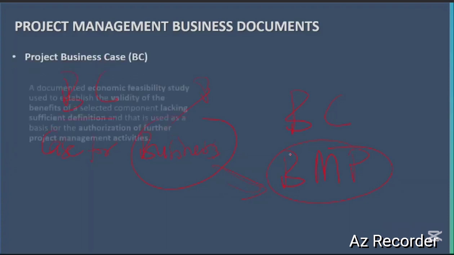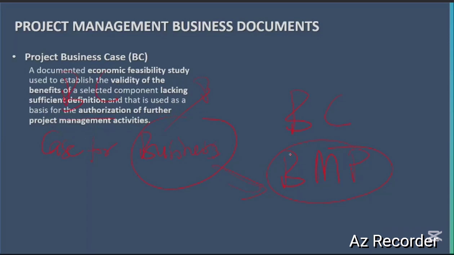So you have the business case, a documented economic feasibility study. We use this to check whether the project we want to embark on is feasible, is doable, and to establish the validity of the benefit. This will be used to establish the validity of benefits of a selected component lacking sufficient definition.